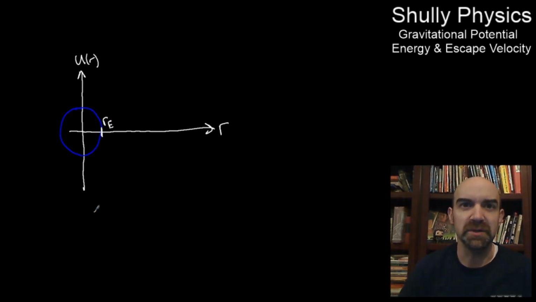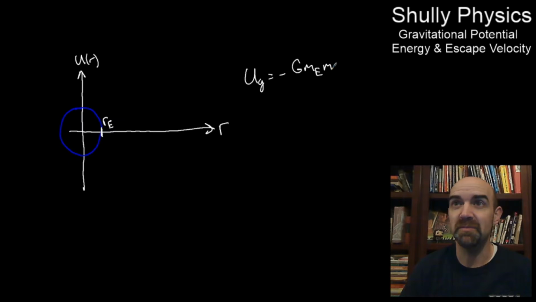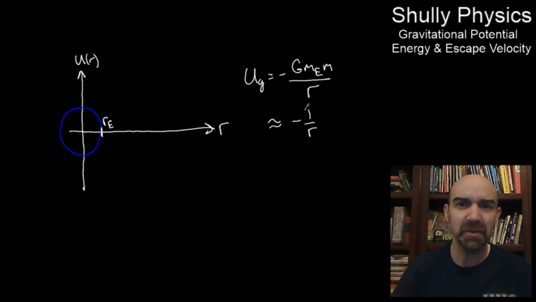According to this function, UG equals negative G, in this case mass of Earth times mass of the object that's taking off of Earth, over R. UG is proportional to negative 1 over R. So that's the type of function we need to put in here.